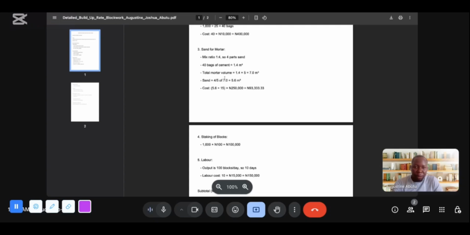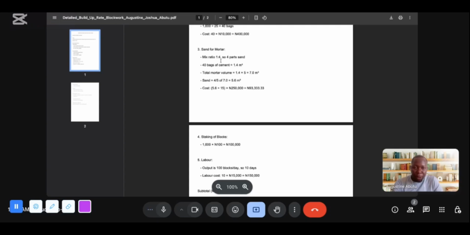So our total volume is based on our mix ratio. Once you add 1 plus 4, it will give us 5, right? That's where we got this 5 from. So once you multiply 1.4 times 5, it will give us 7.0 cubic meters.